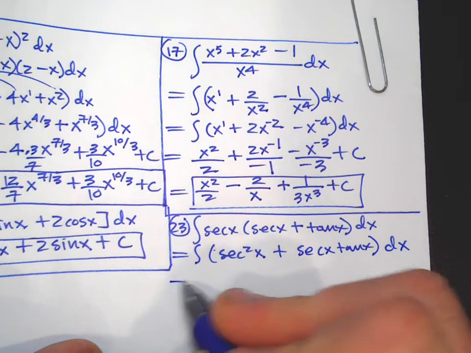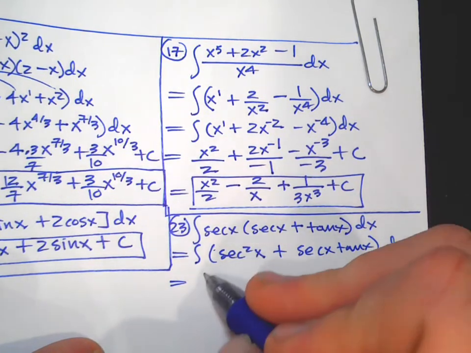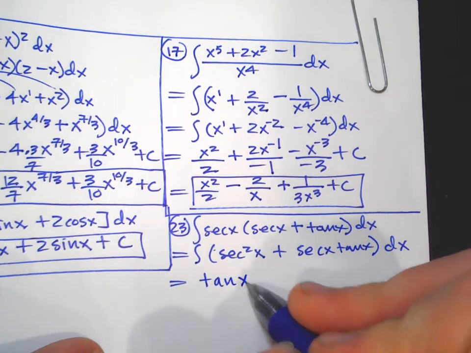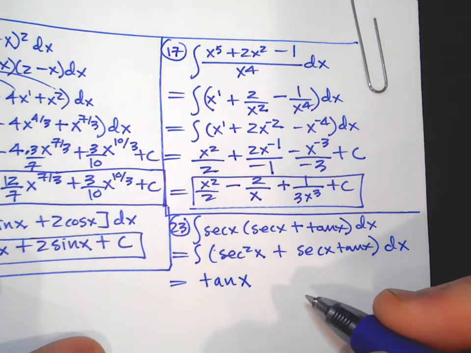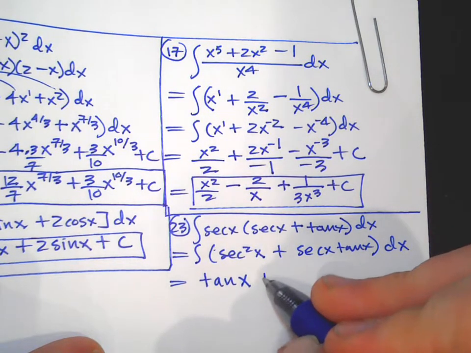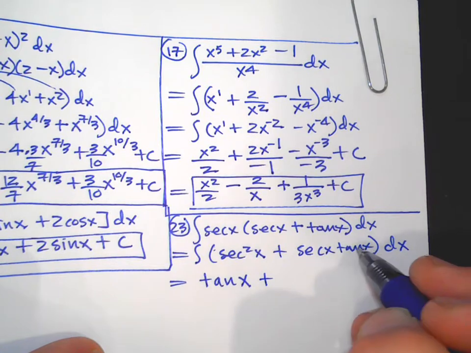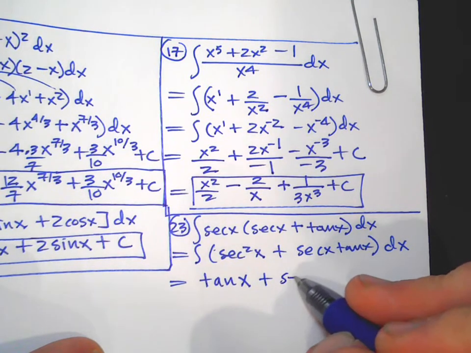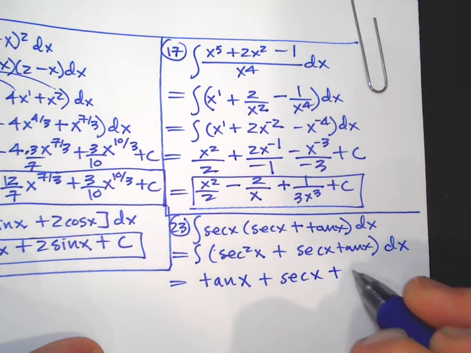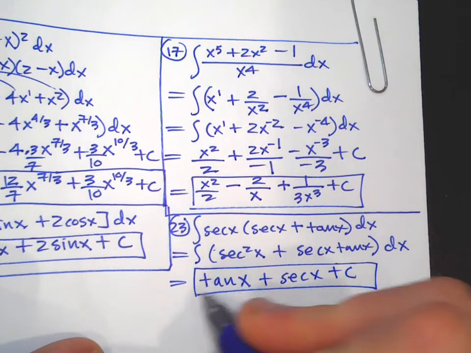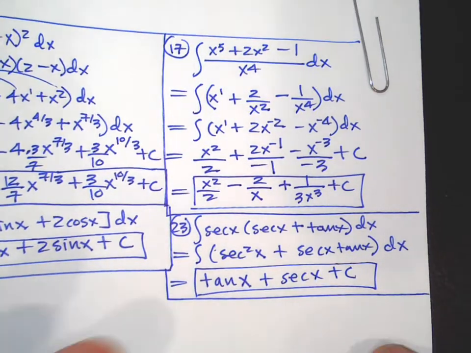Okay, that's better because secant squared, you should have memorized, is the derivative of tangent. So we're using derivative rules from last semester backwards. What gives you secant tan? That's one of the answers to derivative, right? That's the derivative of secant. Plus c. I always put the plus c. You're going to hate to lose points on your test because of a bunch of missing plus c's.